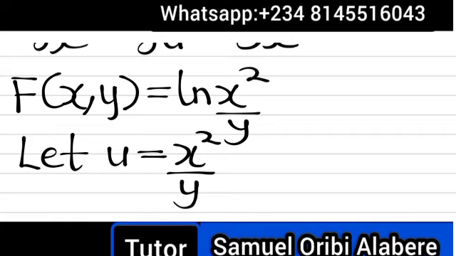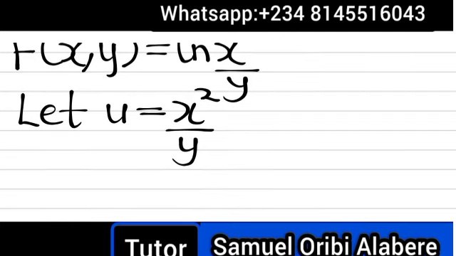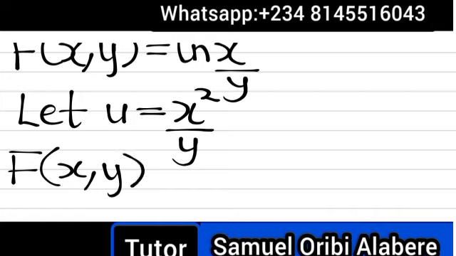So now that we have done that, our function f of x and y will then be equal to ln u. So now our next task is to differentiate our new found value of f of x and y, which is ln u.